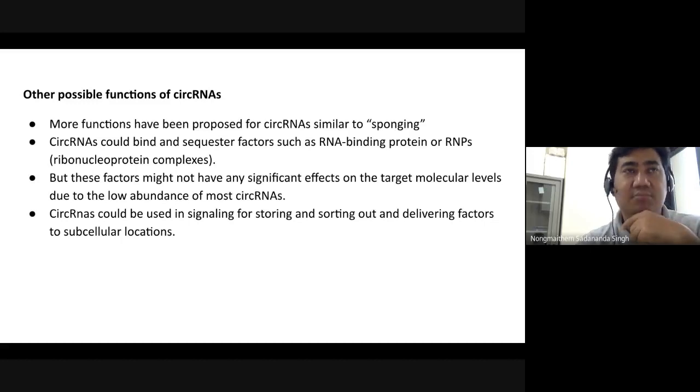And again, because the intronic RNAs or circular RNAs may have binding sites for RNA binding proteins, it can act as a sink for the RNA binding proteins. So if it is a transcriptional regulator which involves a non-coding RNA, then circular RNA can act as a sink for those RNA binding proteins, thereby changing the transcriptome of that cell.